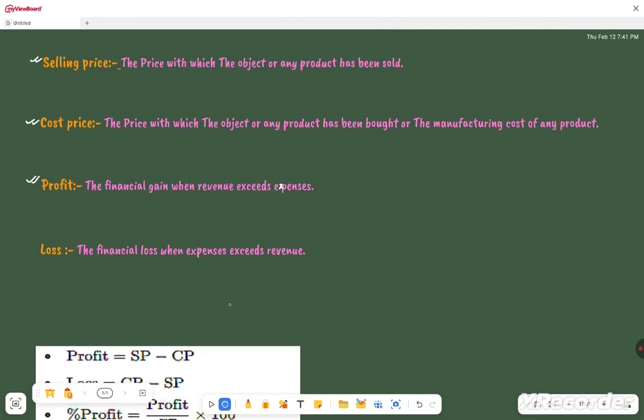Now there is a formula for this profit. Profit equals selling price, SP, minus CP. This is the formula. Now what is loss? Loss means the financial loss when expenses exceed the revenue. That means loss equals cost price minus selling price, just the opposite of profit.